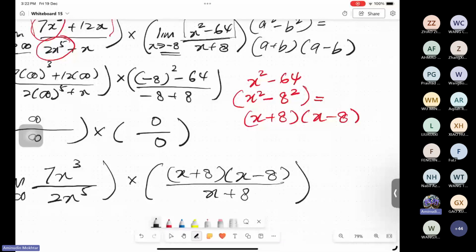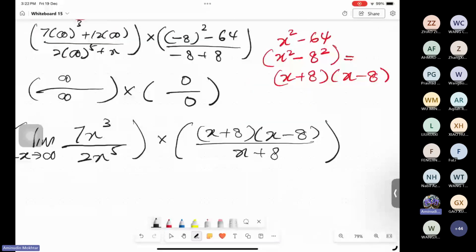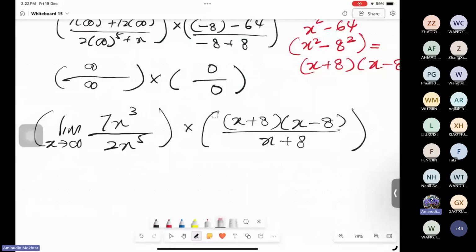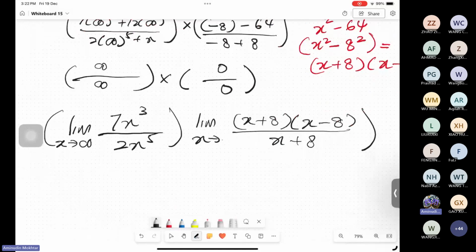That does not change; we just expand the numerator. The limit of this function is when x approaches negative 8.